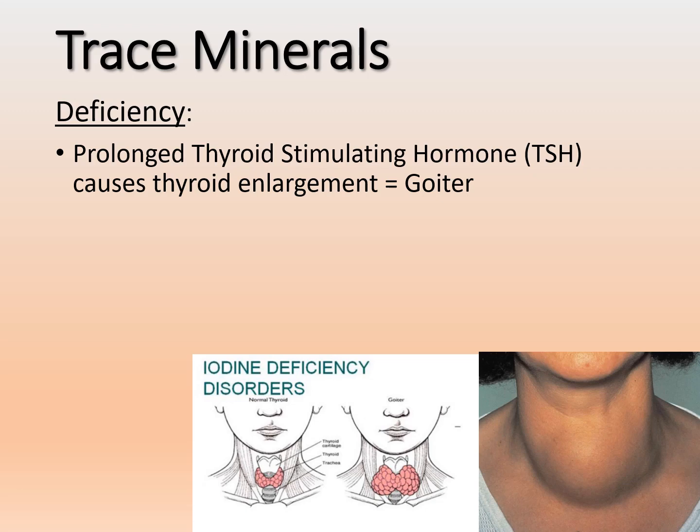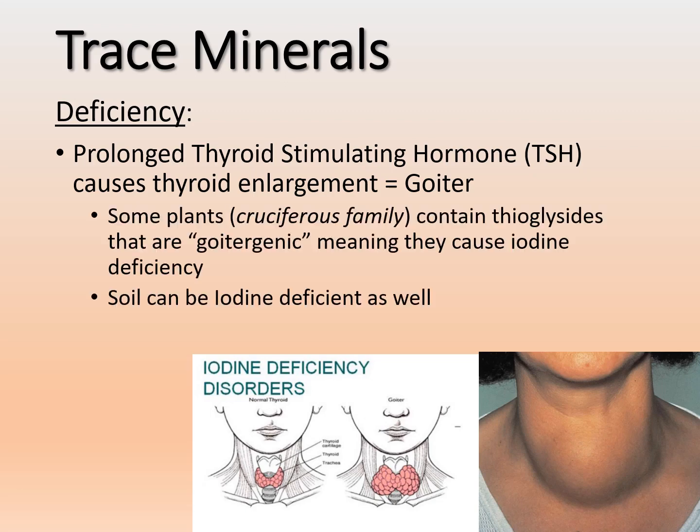So essentially your body thinks you're low in thyroid hormone, and you start stimulating the thyroid gland with thyroid stimulating hormone to say, hey, thyroid, we need more thyroid hormone, start producing it. So it starts to enlarge and engorge, trying to make more thyroid hormone, but it can't because it doesn't have enough iodine.